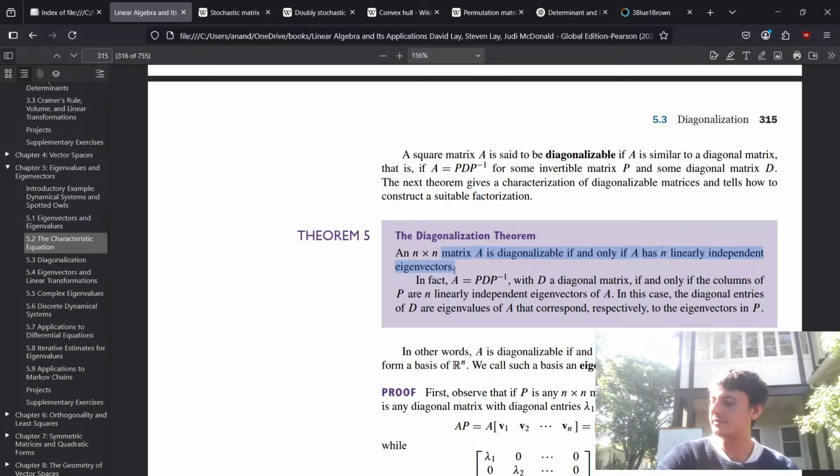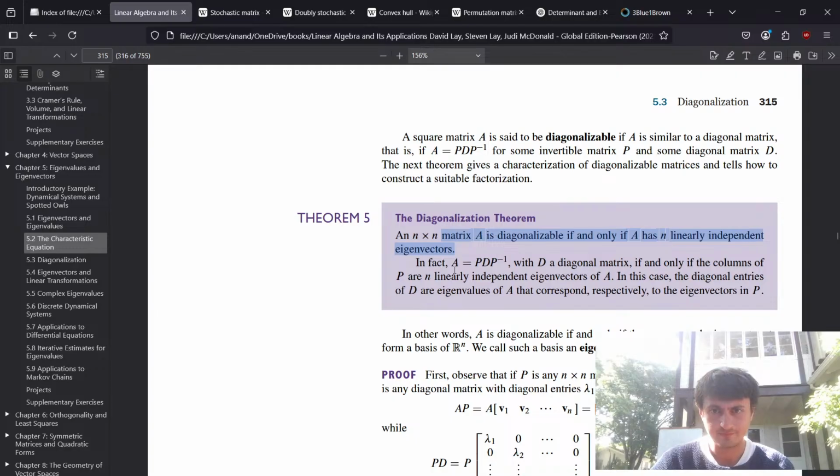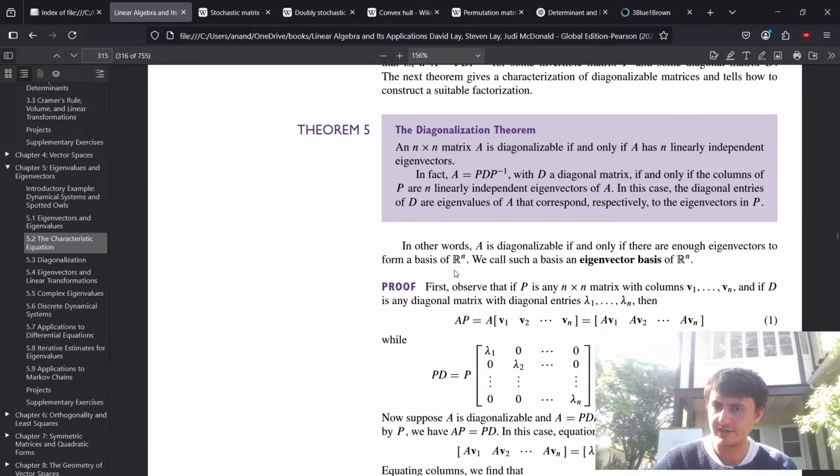So the theorem is, okay, so that means that eigenvectors of A span Rn.